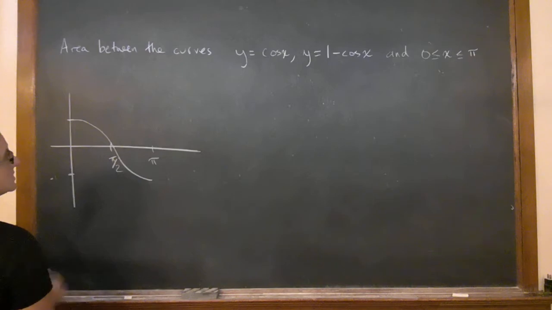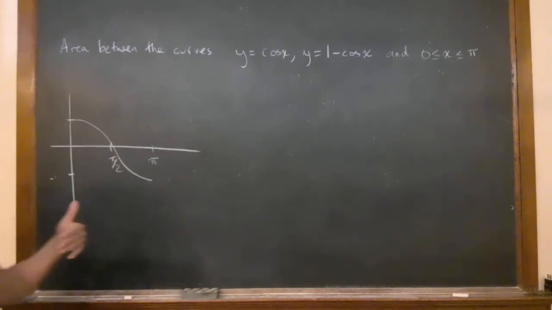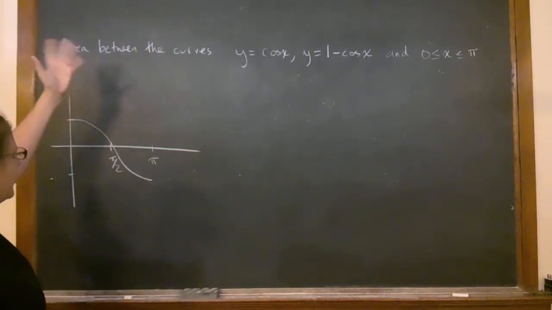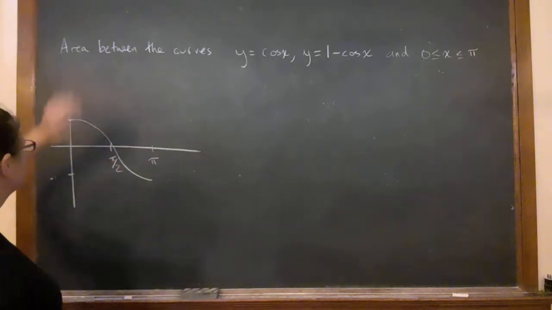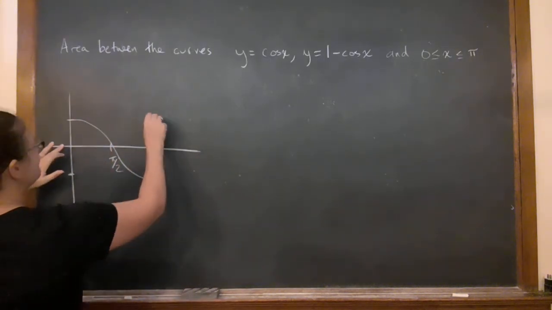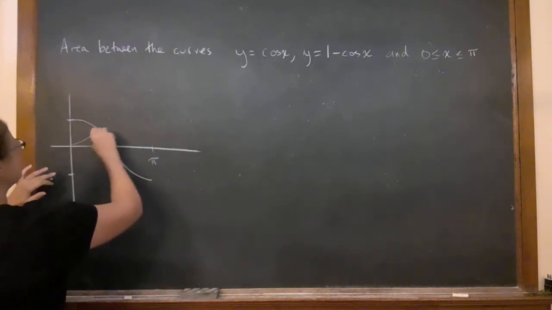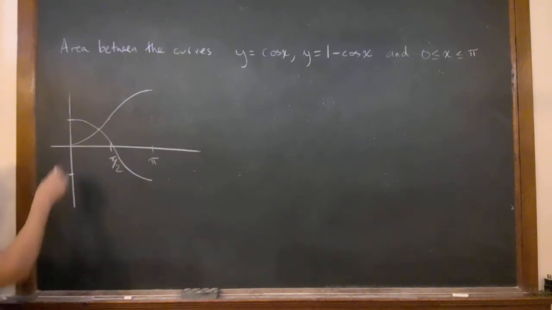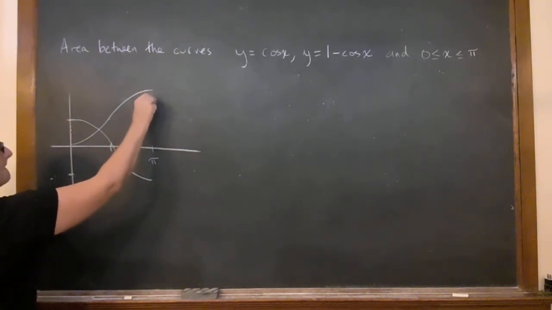But there's y equals cosine x, right? Now, if I do 1 minus cosine x, so here's my cosine x, minus cosine x is flipped, and then add 1, it goes up to here. So in fact, this is going to look like this. Okay, so you can just plug that into some sort of graphing thing if you want.